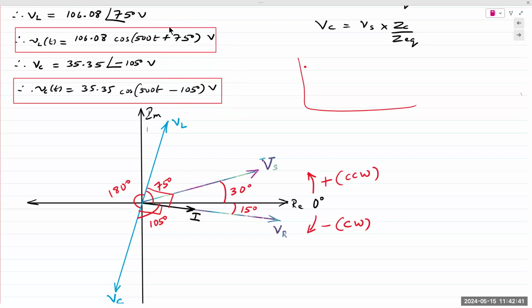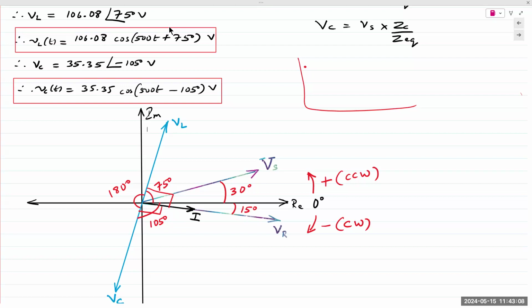The reason that the inductor voltage and the capacitor voltage are exactly 180 degrees apart is specific to this case, because they share the same current. If they did not share the same current, it could be any degrees apart. They might even have the same phase, who knows? It depends on how the circuit is connected.